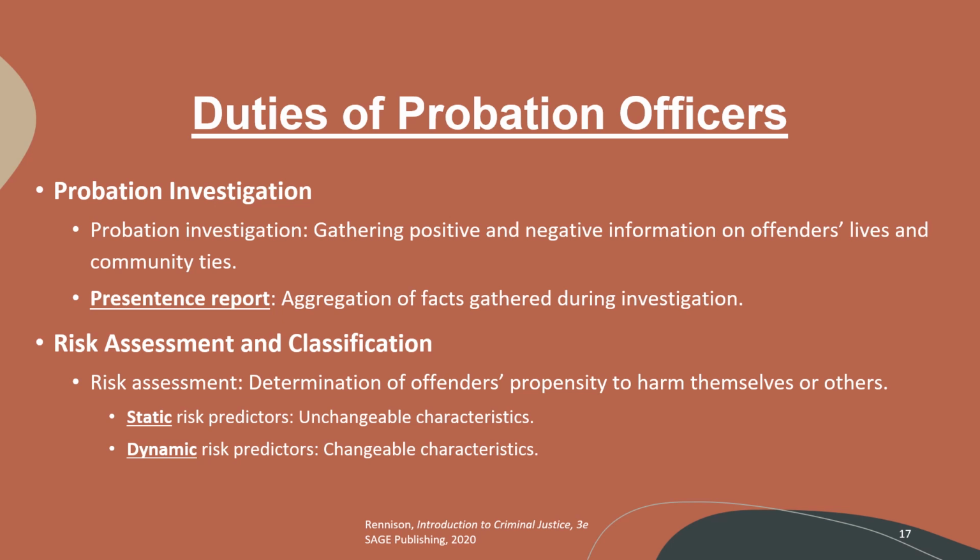But then you have something known as dynamic risk predictors. Dynamic risk predictors are those characteristics that are amenable to change, such as employment status, education level, and peer groups. We can help an unemployed offender become employed.